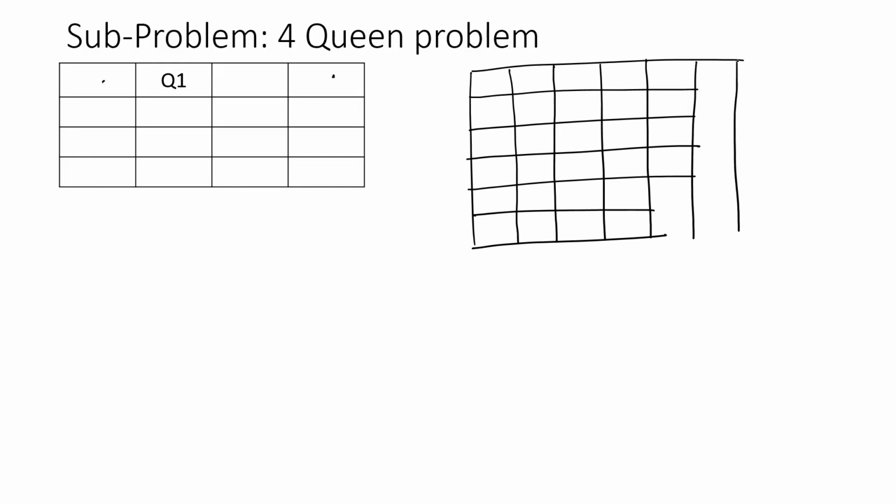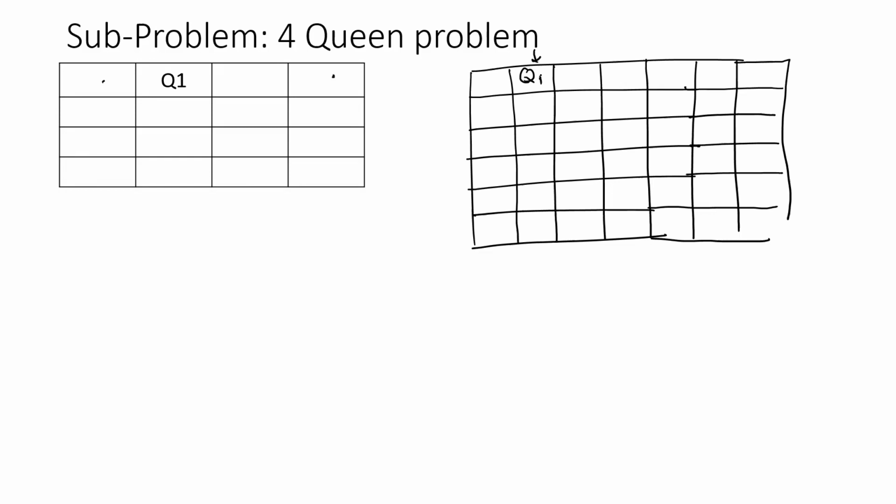So now, if you start placing the queen from the corner position, you will not be able to get the solution. Another observation is that two queens cannot be placed in adjacent columns.